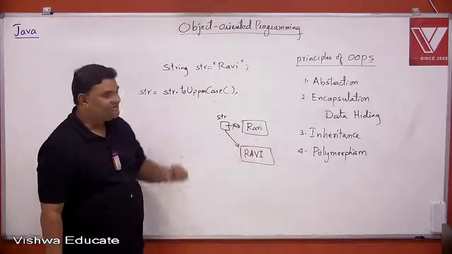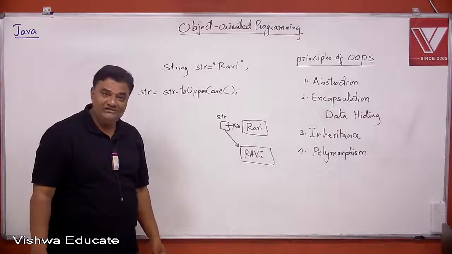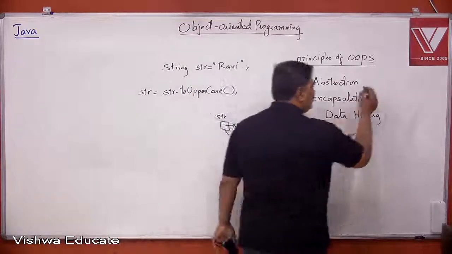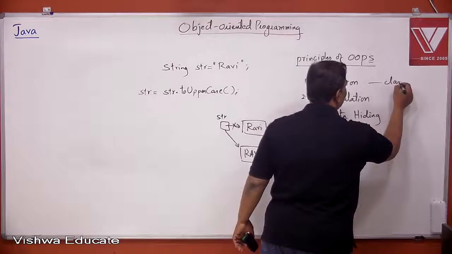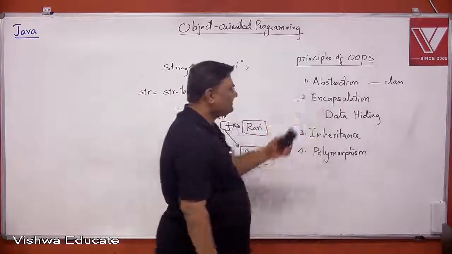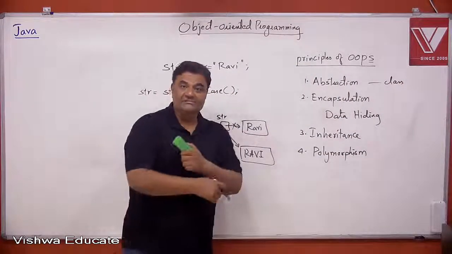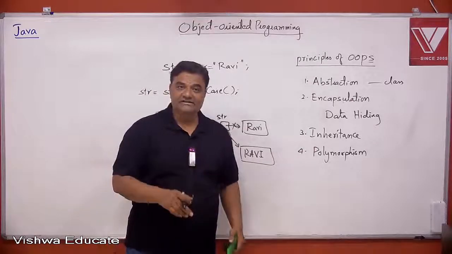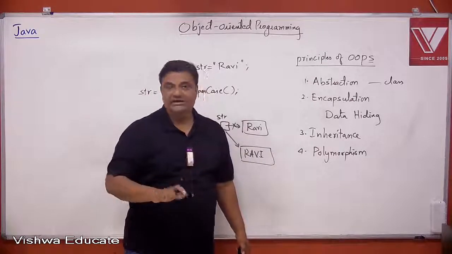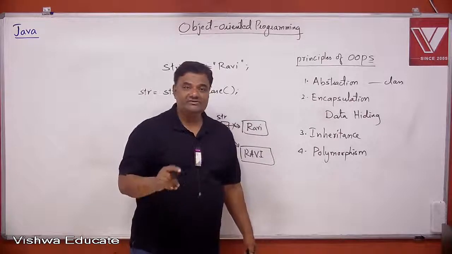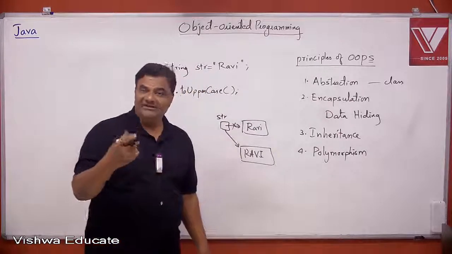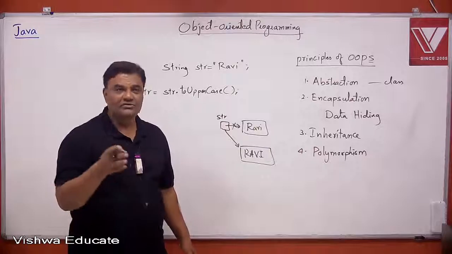That's abstraction. So who helps to achieve abstraction in Java? Classes. Classes are used for achieving abstraction in Java. So I have discussed what it means by abstraction. We want to hide the details and show only the required feature. So only the method name is sufficient. We need not know the method details.